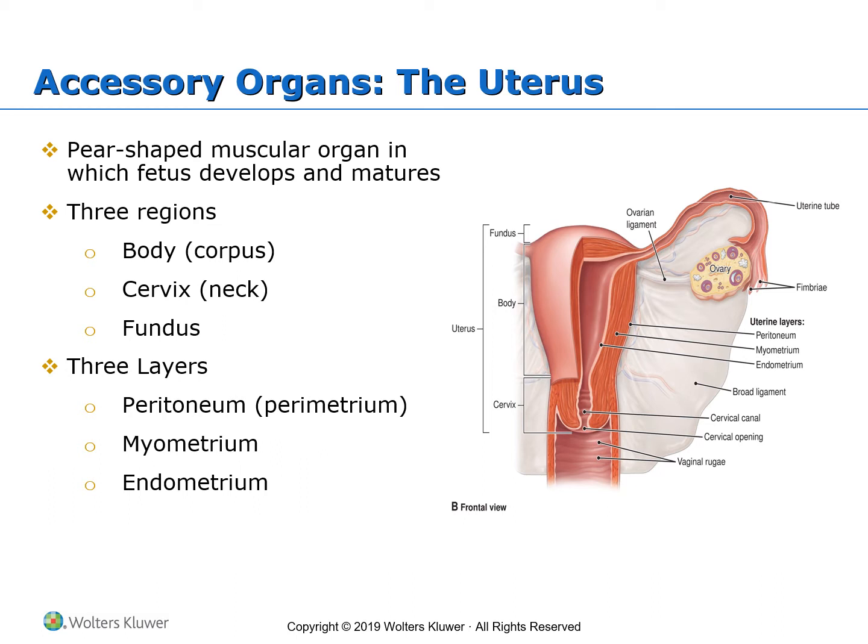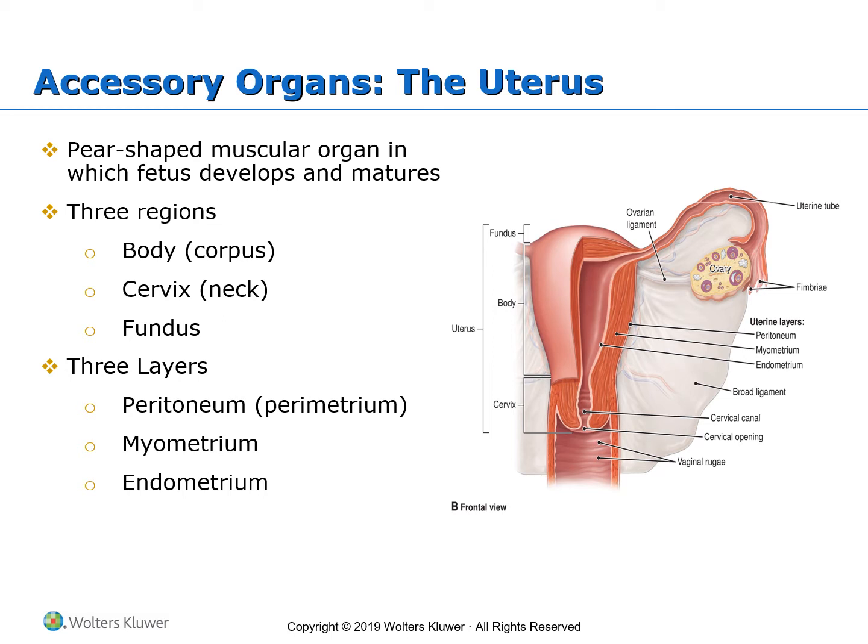On both sides of the uterus, there are folds of the peritoneum called the broad ligaments, and their main function is to support the uterus. They extend from each side of the organ to the lateral body wall and will literally hold the uterus in place.